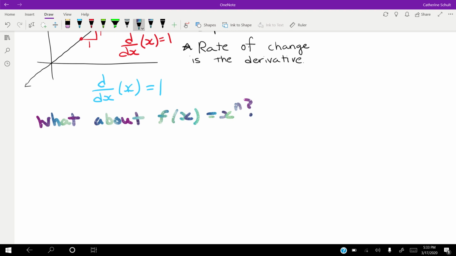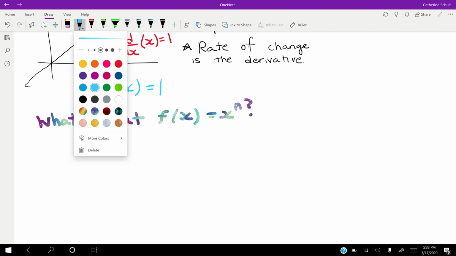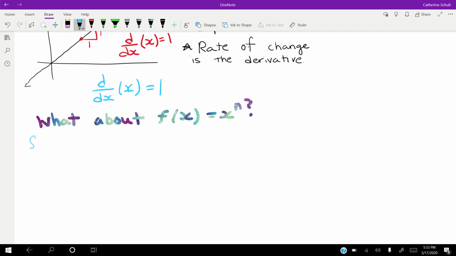What's that derivative? Okay, so that's where we're going next. That's what we're going to figure out. To do that, let's go to section 2.8. So we're going back to chapter 2, and we're going to look at the derivative using the old school method. Old school as in one section ago.